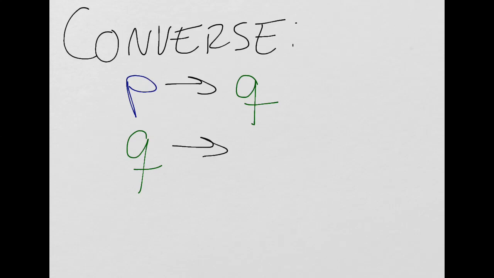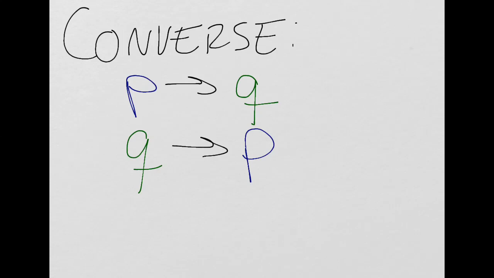So to get to the converse of a conditional statement, all that we have to do is exchange the hypothesis and conclusion. So if our original statement is if P, then Q, then all I have to do to write the converse is write if Q, then P.